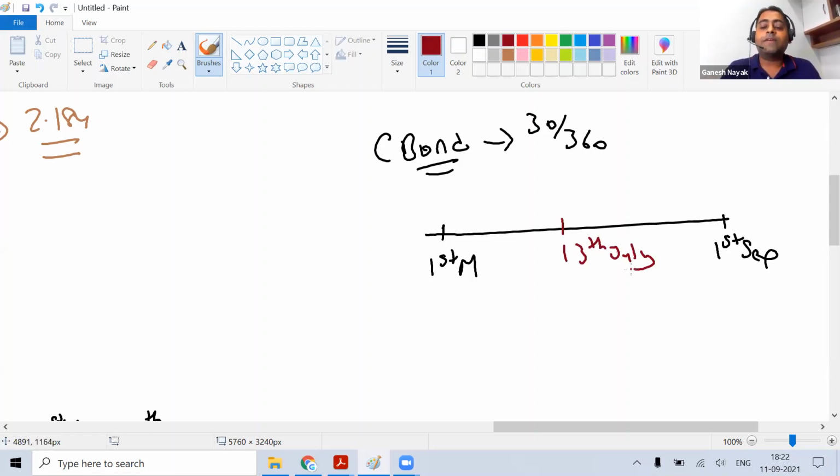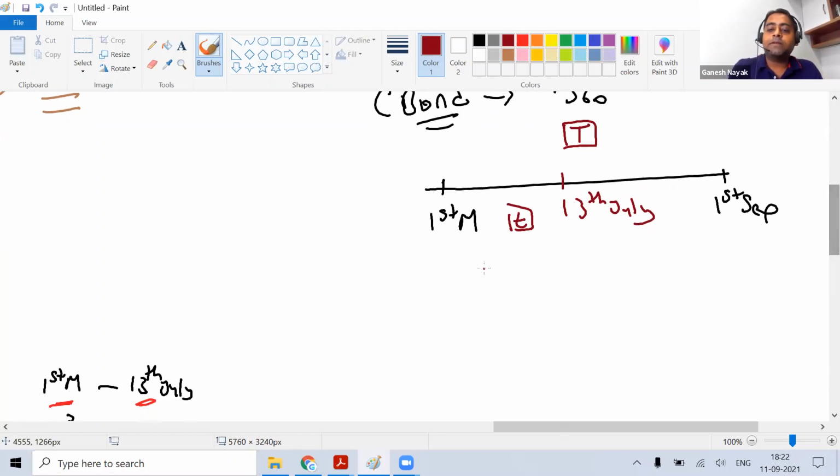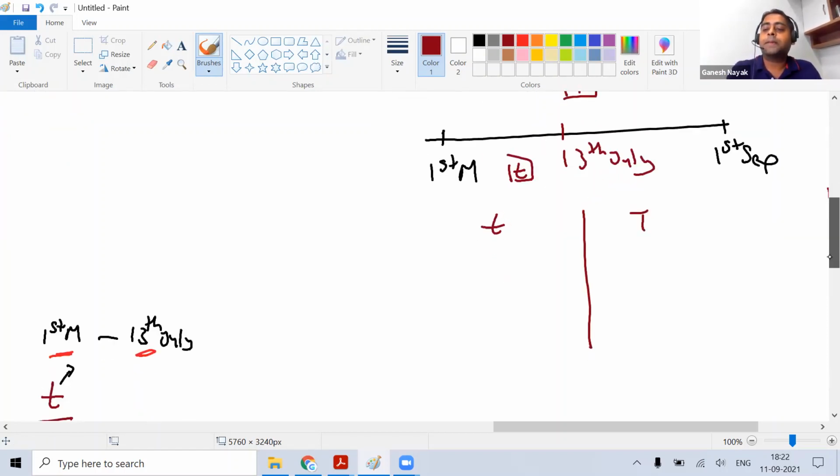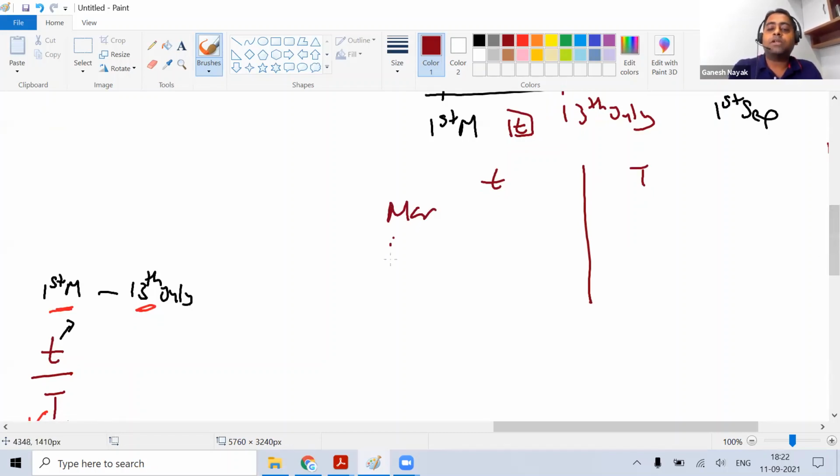Right. Now, when we are looking at 13th of July, this process is the same. We want to find the smaller t, which is over here, and then the bigger t. But since this is a corporate bond, we are going to be following 30 by 360. So let me first manually calculate the smaller t and then the bigger t. Again the same process. March, April, May, June, July.